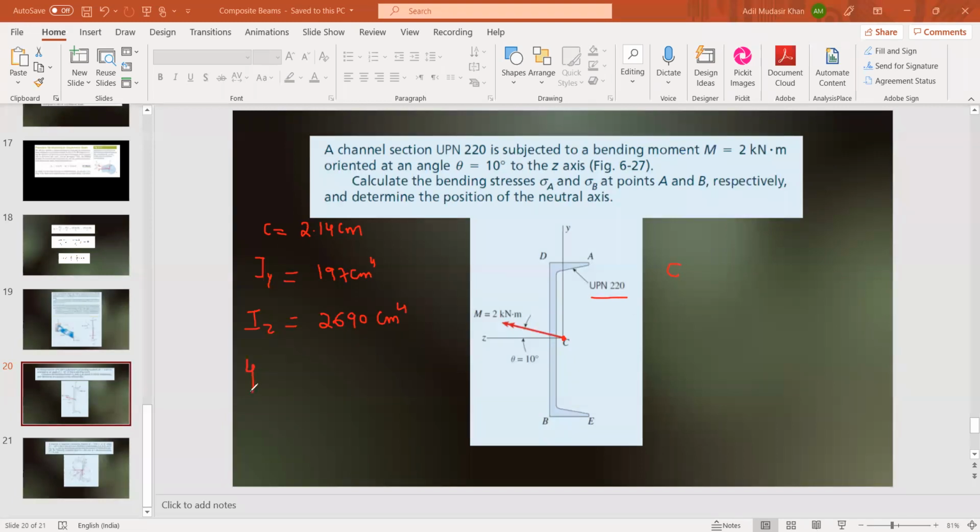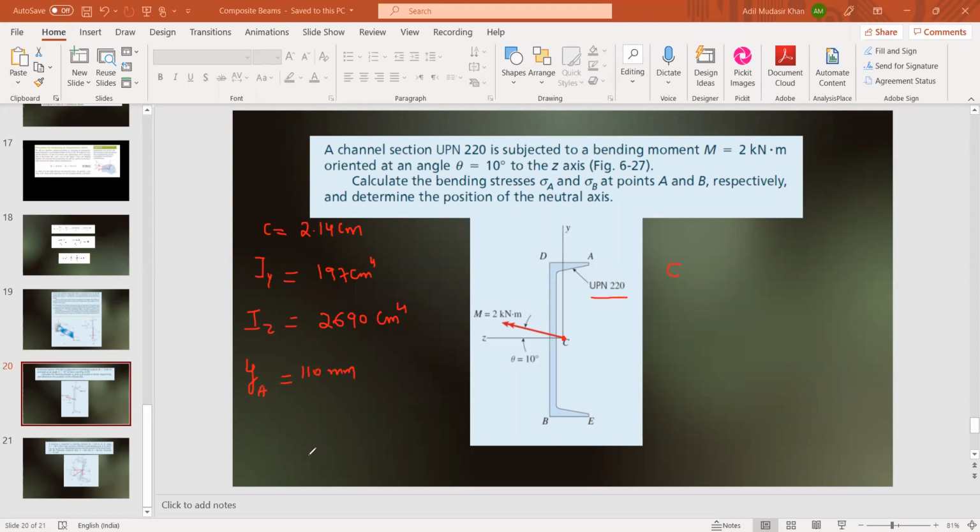Coordinates of point A, based on the geometry of the C section. This is a standard U section, and all its dimensions are given to us. Since from here to the top the total is 220, the distance YA will be 110 mm.